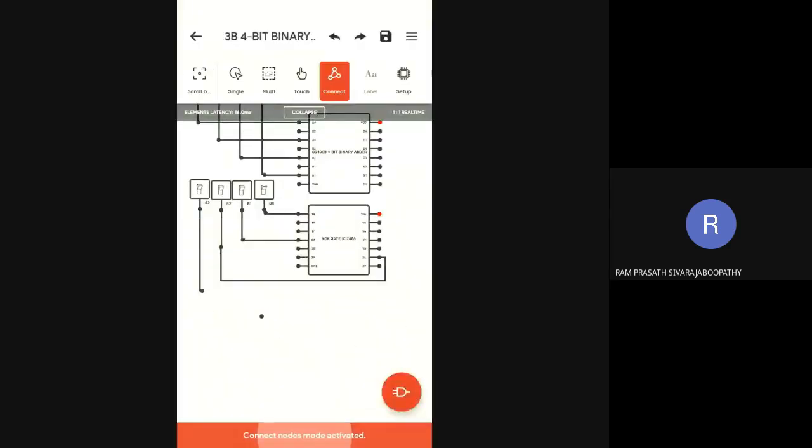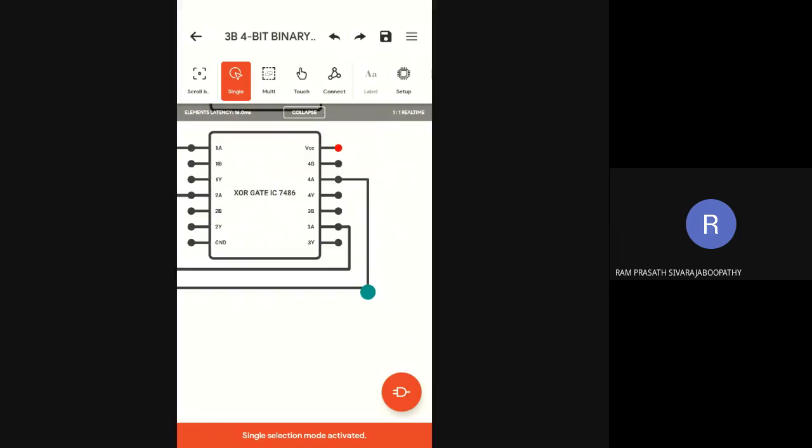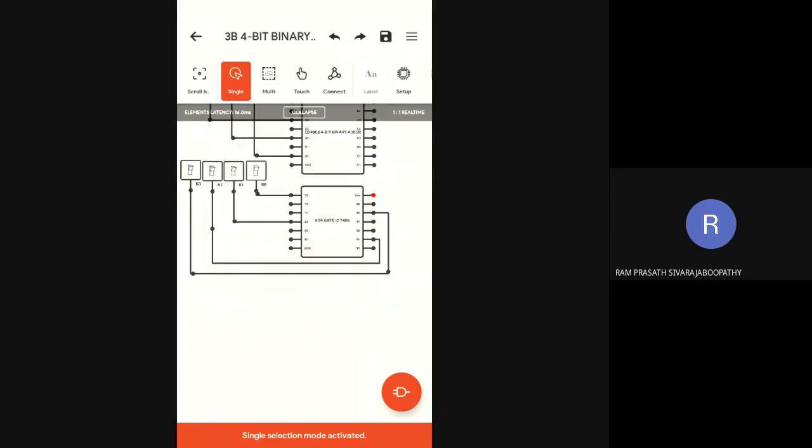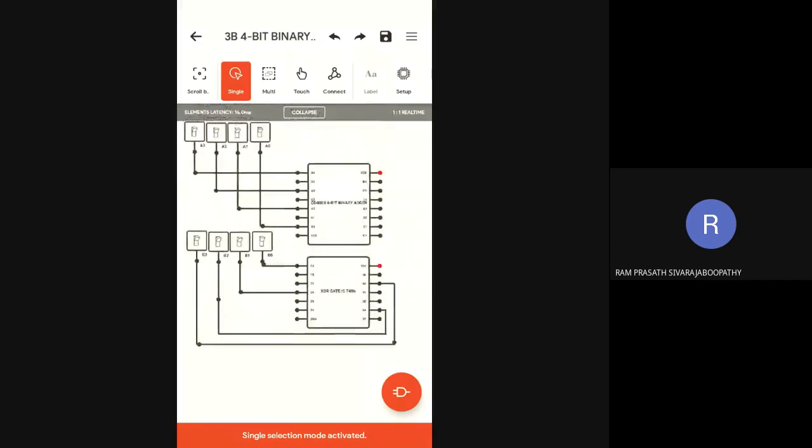I'm going to connect this node here, this node to 4B. Is it clear now for everyone? So first input direct we have given, second input what have I done? For each input of the XOR gate, I have connected a switch.